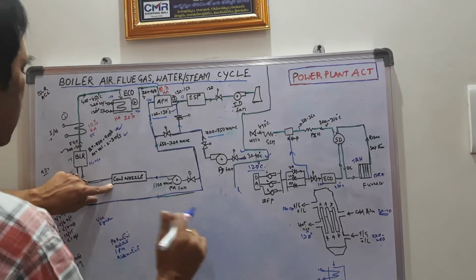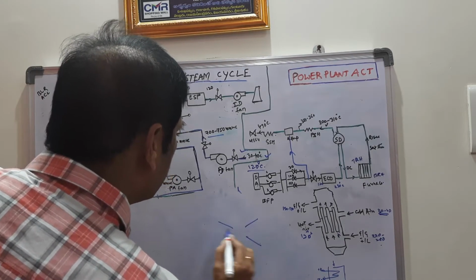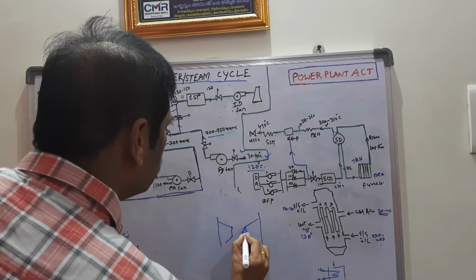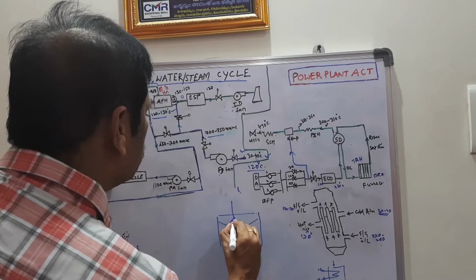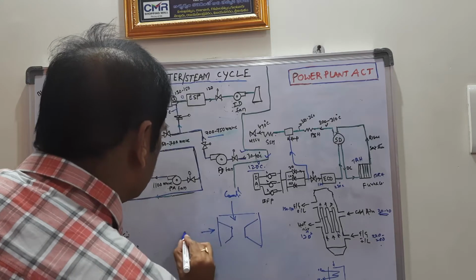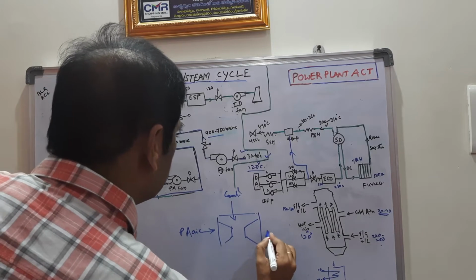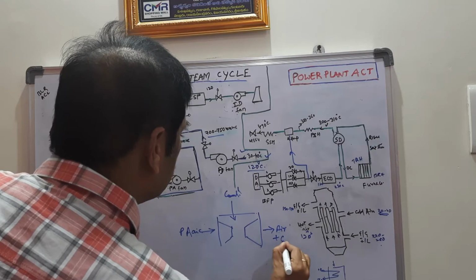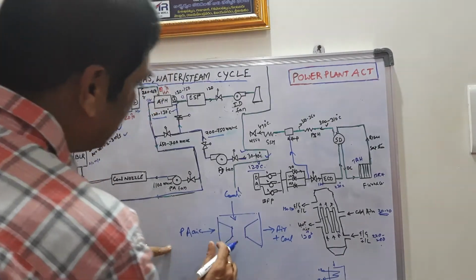The construction of the coal nozzle is something like this. This is called a convergent divergent nozzle.